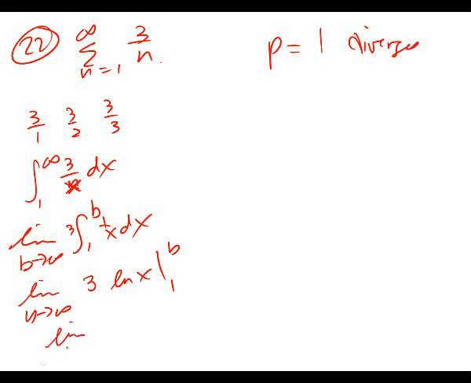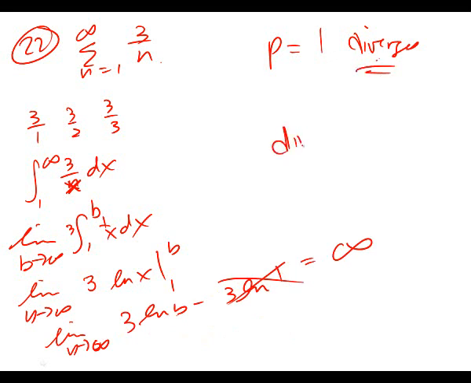Then we've got the limit as b approaches infinity of 3 natural log of b minus 3 natural log of 1. That's 0. When I put infinity into here, what do we get? Infinity. So does it converge or diverge? It has to diverge because this diverged, right? So it diverges. So it has to be both A and C, which makes it answer choice E.